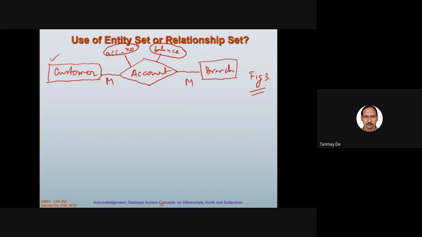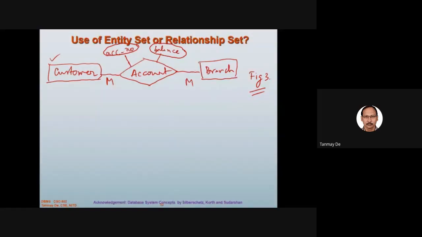A customer may have accounts in many branches, and a branch may have any number of customers. Each account, that is the account number and balance, is represented by a relationship between a customer and a branch.